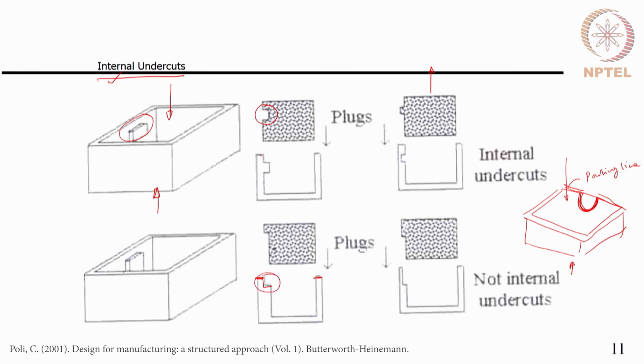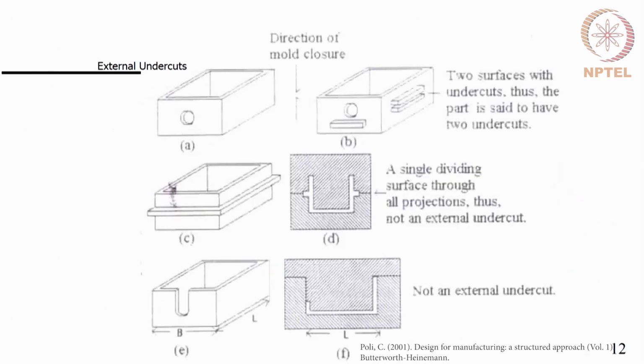But in this case, when I place my parting line here, the same feature will become an undercut. So, to decide whether a feature is an undercut or not, you need to also look at where this parting line is placed. The external undercuts are these kind of features. It could be either holes, it could be protrusions.